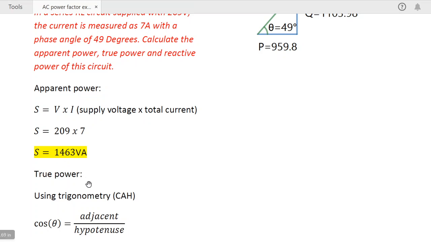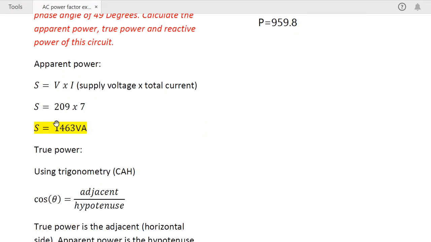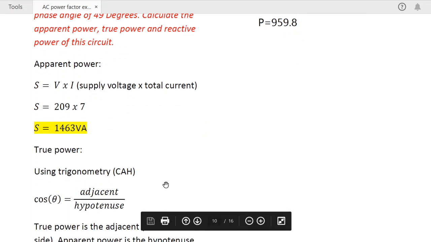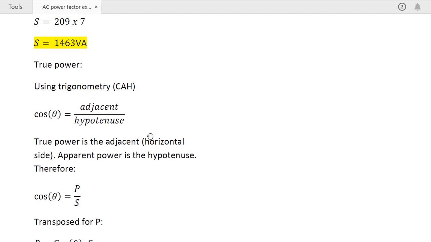True power then. Now we've got an angle, and we know one of the sides of our power triangle, but that's all. So we're going to have to use trigonometry. We're going to use CAH, because cos of the angle equals the adjacent over the hypotenuse, right? So the true power is the adjacent side, that's the horizontal side, and apparent power is the hypotenuse. We know our angle and we know the apparent power, so we can work out the adjacent with CAH.